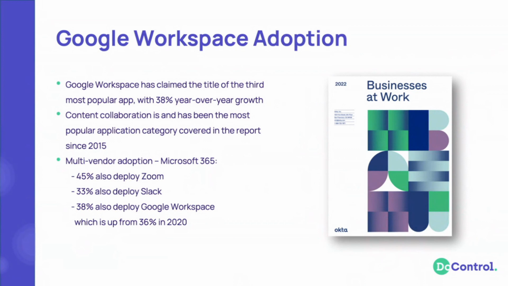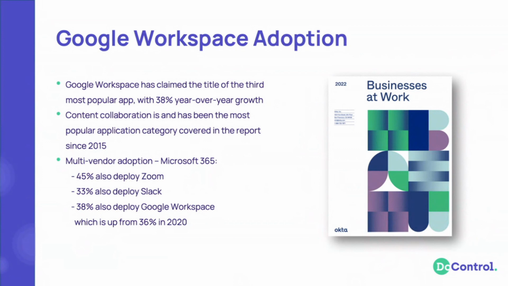Drilling specifically into Google Workspace, it was the third most popular application, with 38% year-over-year growth, which you can see on the slide. One of the interesting trends that I took away from this year's report, looking back at earlier reports from 2015, is that the category of content collaboration is and has been the most popular application category.